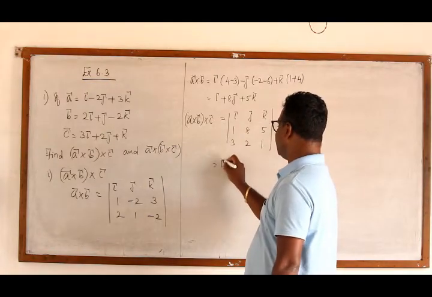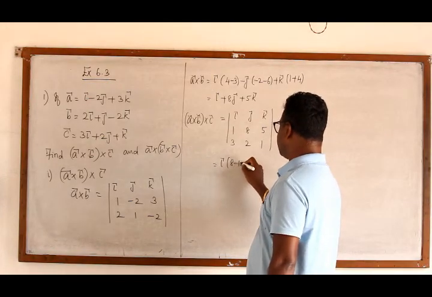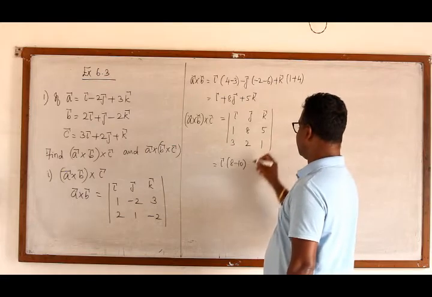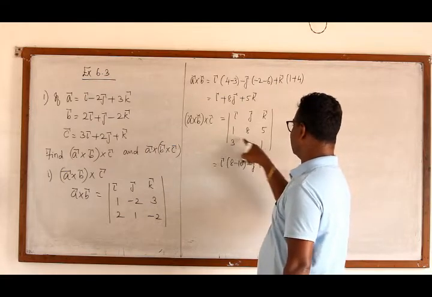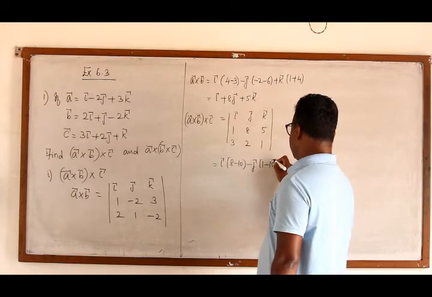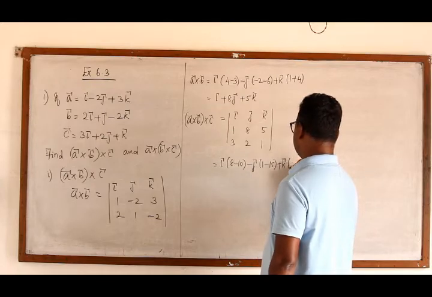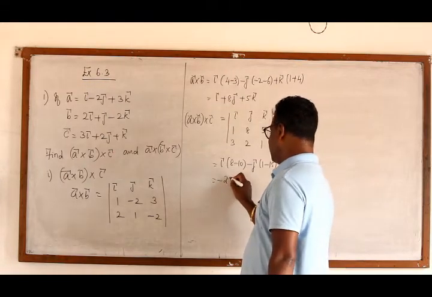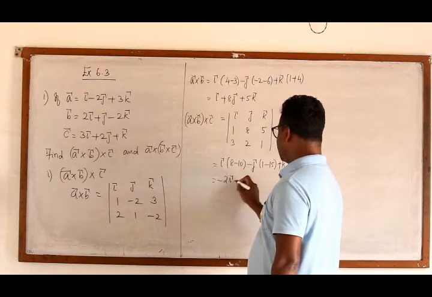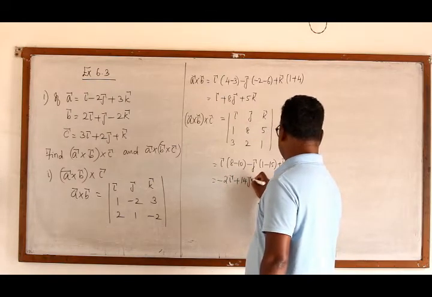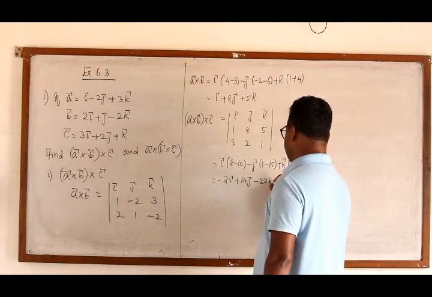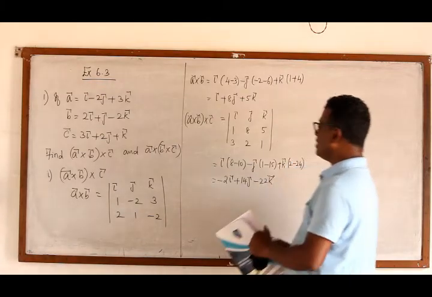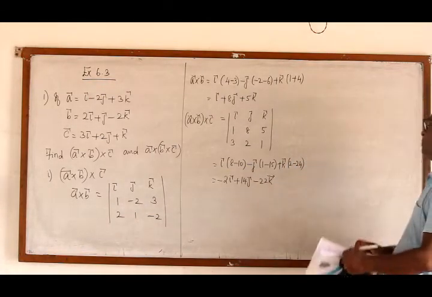So it is i into (8 minus 10) minus j into (1 minus 15) plus k into (2 minus 24). So the answer is minus 2i plus 14j minus 22k. This is (A cross B) cross C.